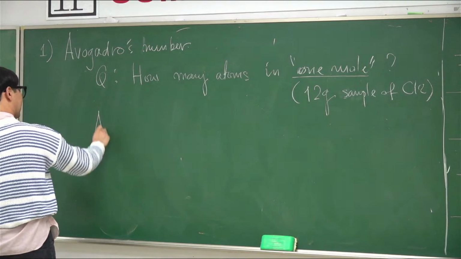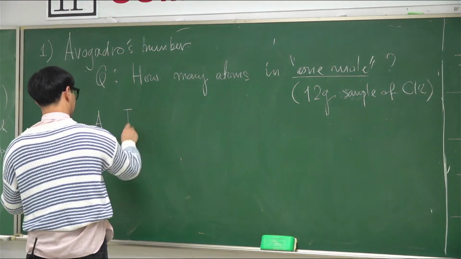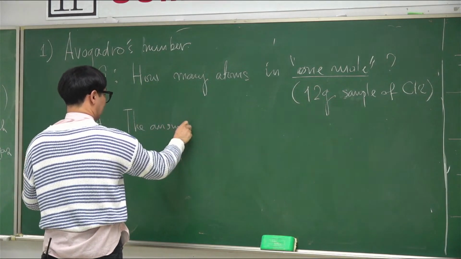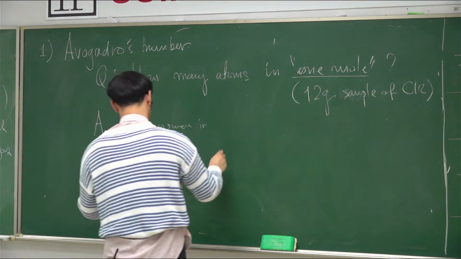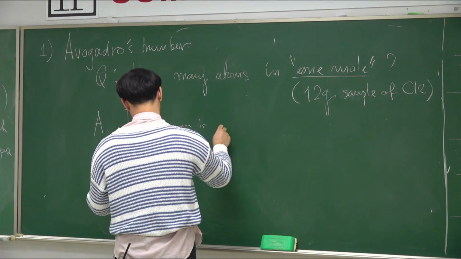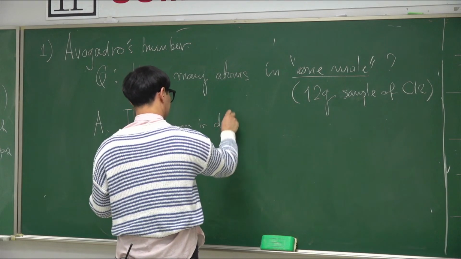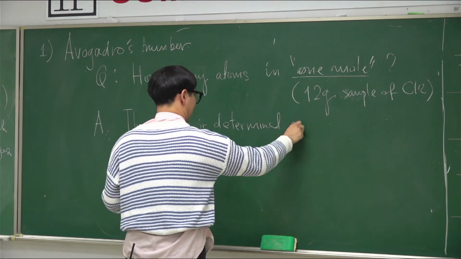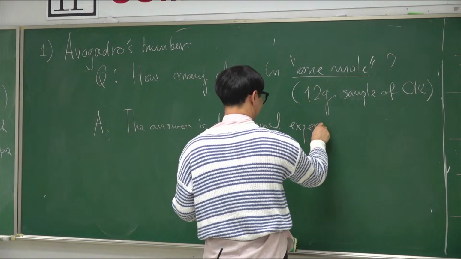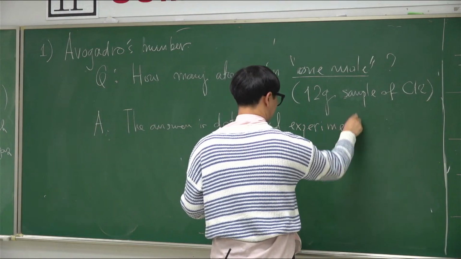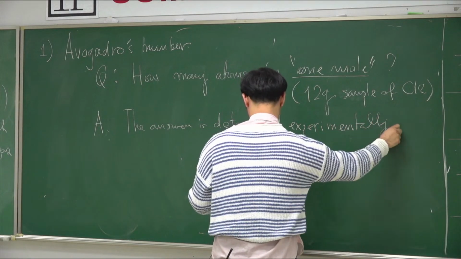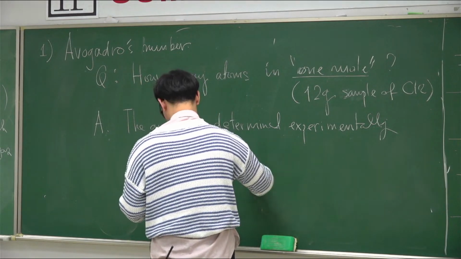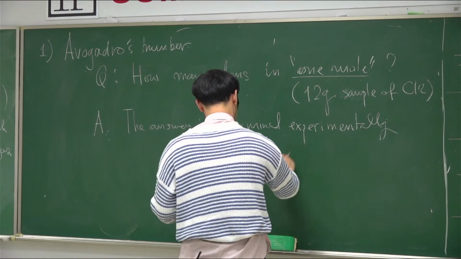So the answer is that we can determine experimentally that you're going to have, roughly speaking, this number.